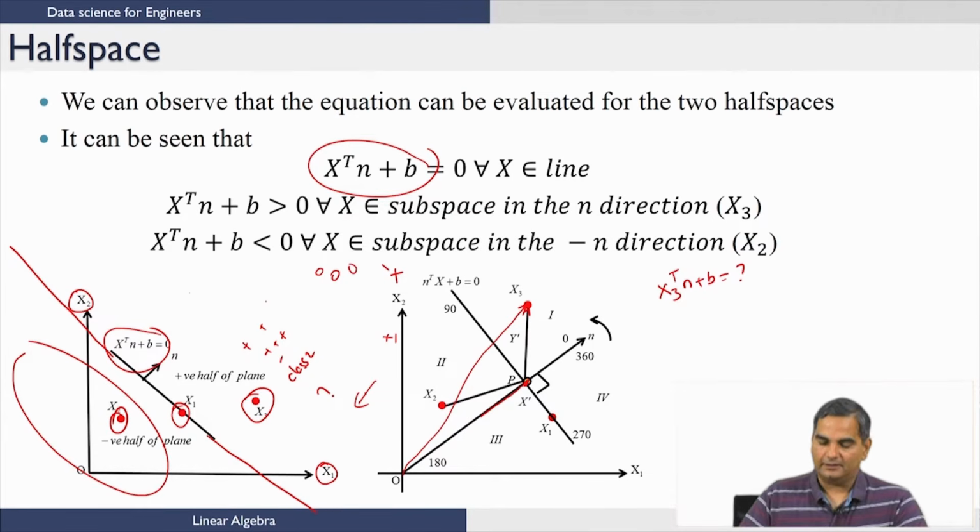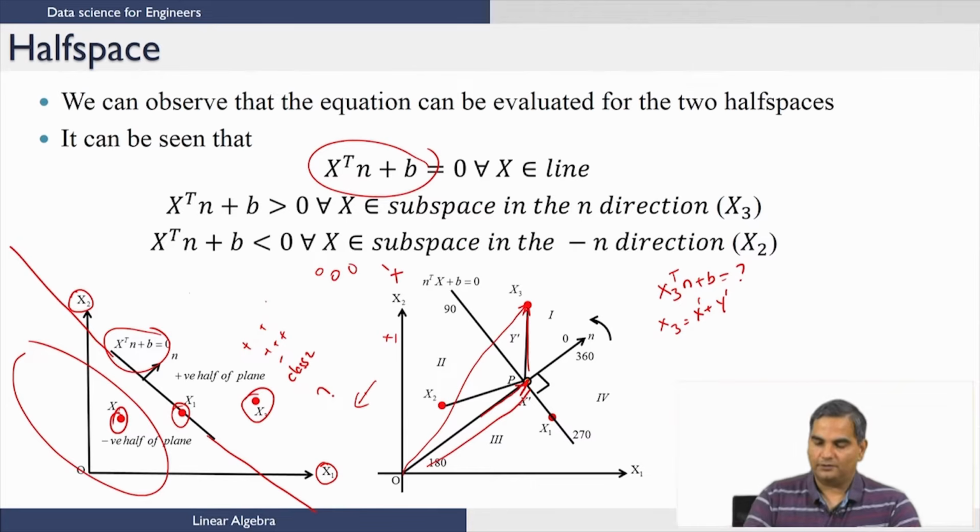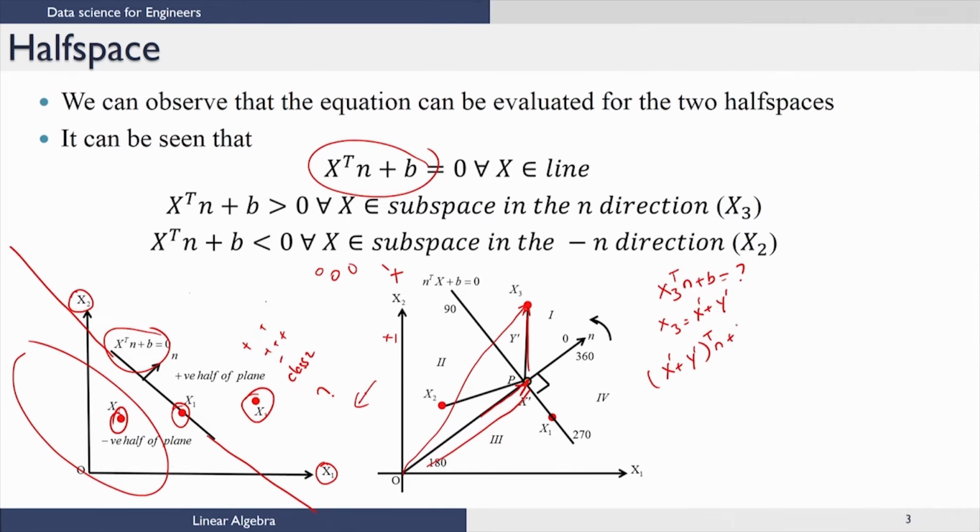From vector addition, we know that I can write x3 as x prime plus y prime. So, I am going to substitute this into the equation and see what happens. I am going to have x prime plus y prime, transpose n, plus b. This is what I want to evaluate.